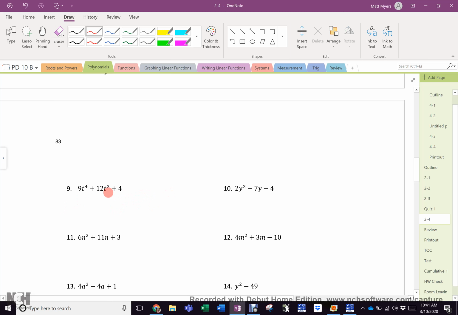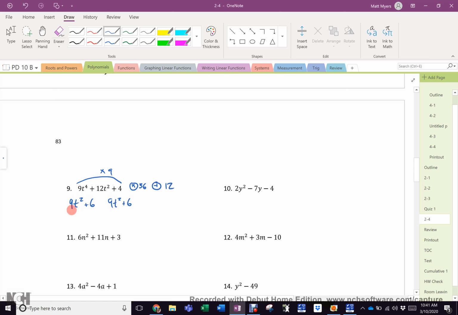No name? All right. So no name times 9. Multiply to what? 36. Add to what? 12. What is it? 6 and 6. So I have 9t squared plus 6 and 9t squared plus 6.